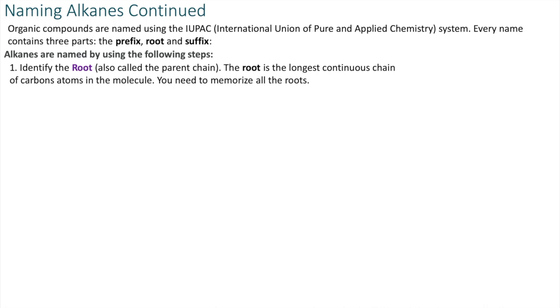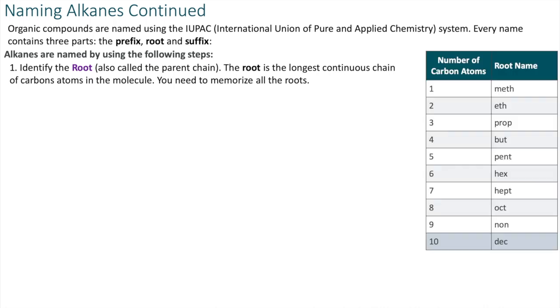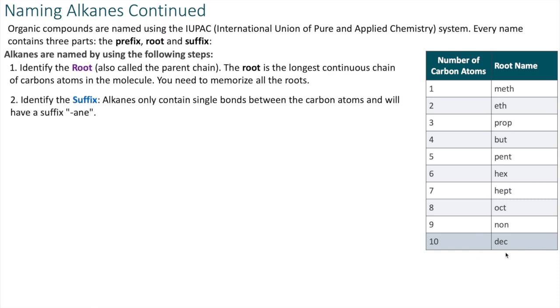You have to know from 1 to 9, and we see that in this chart right here. So if an alkane has just 1 carbon, it has the meth root, 2 eth, 3 prop, 4 but, and so on. This chart is very important to memorize.